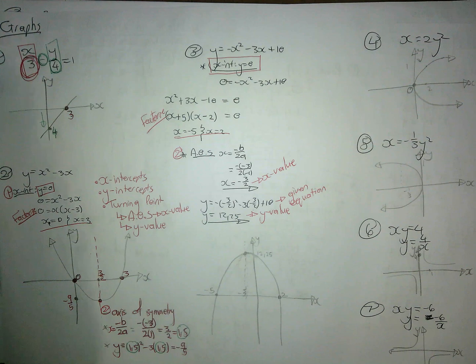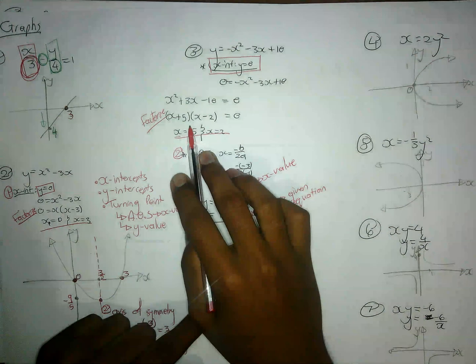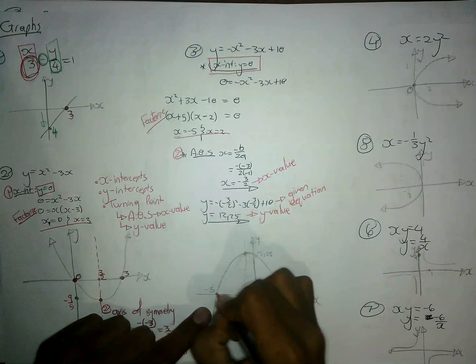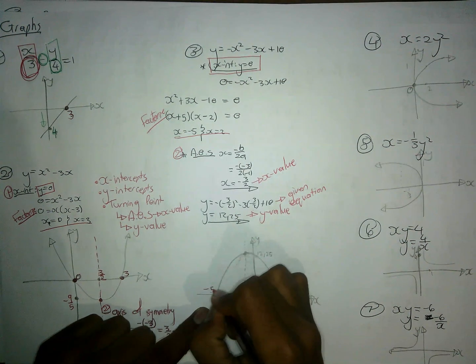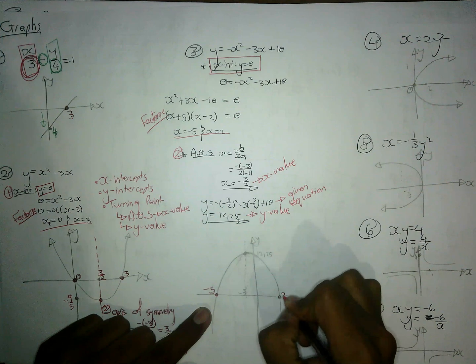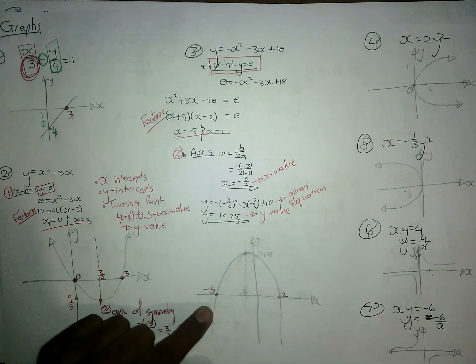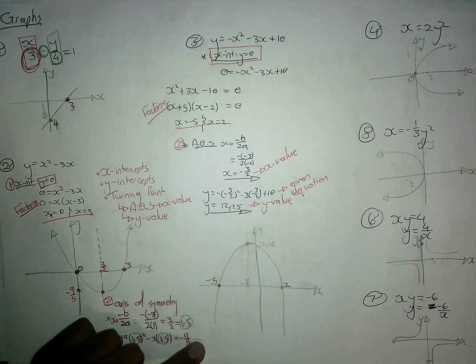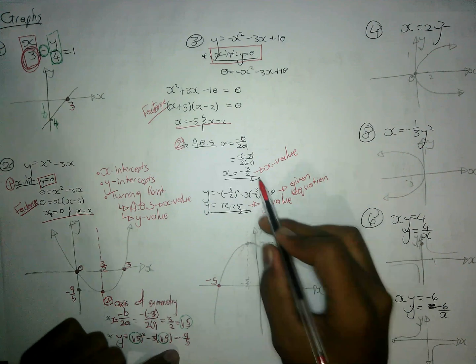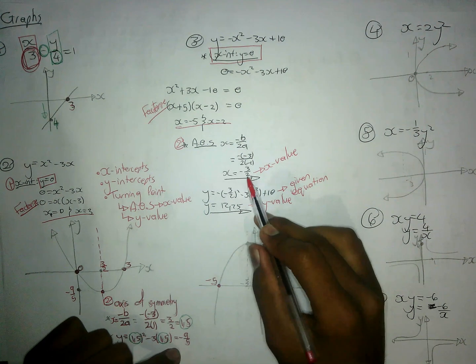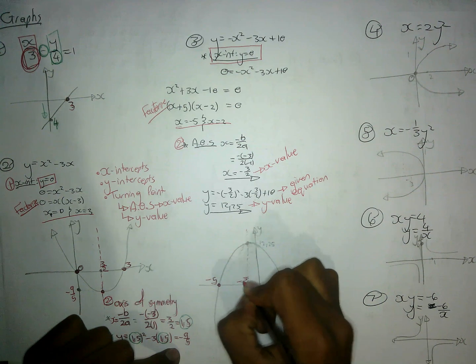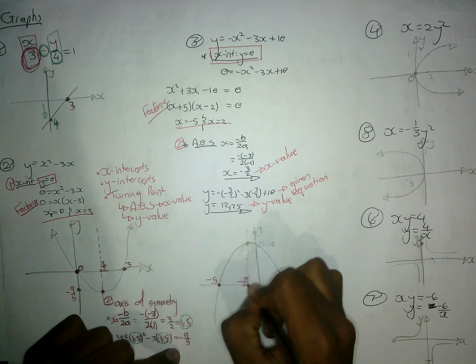Okay, so working backwards now. Our x-intercepts we got as negative 5 and 2. So we plot our points, -5 and 2, as our x-intercepts. Then for the axis of symmetry, our x value is -3/2. So we find -3/2 there.